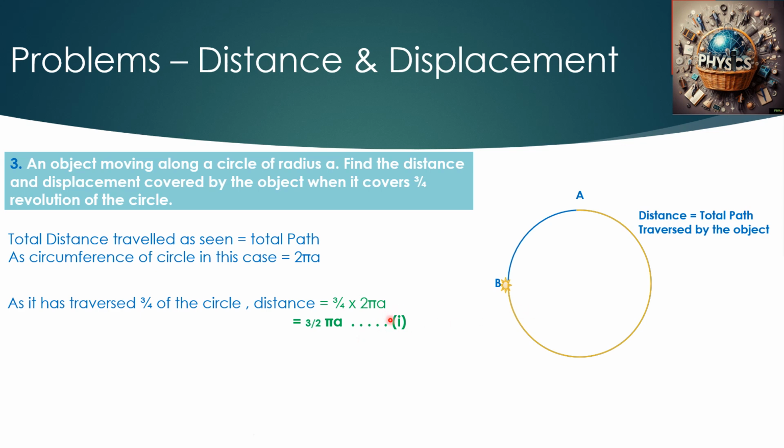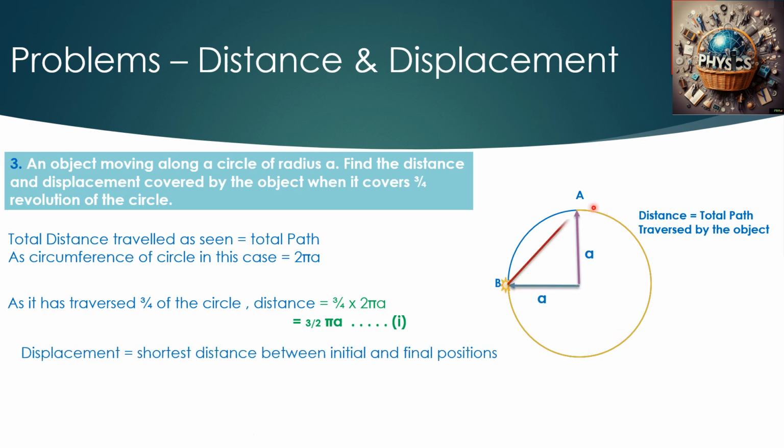Now we need to find the displacement. Coming back to the definition of displacement, if you pause and remember what we should do, it will be nothing but this portion between A and B. So it was here A and then it has reached B. So again, let's draw. This is A, which is nothing but the radius, and this is the displacement.